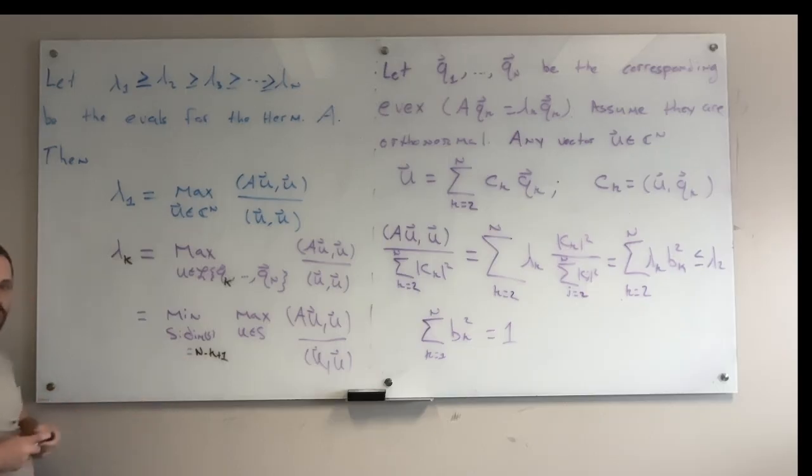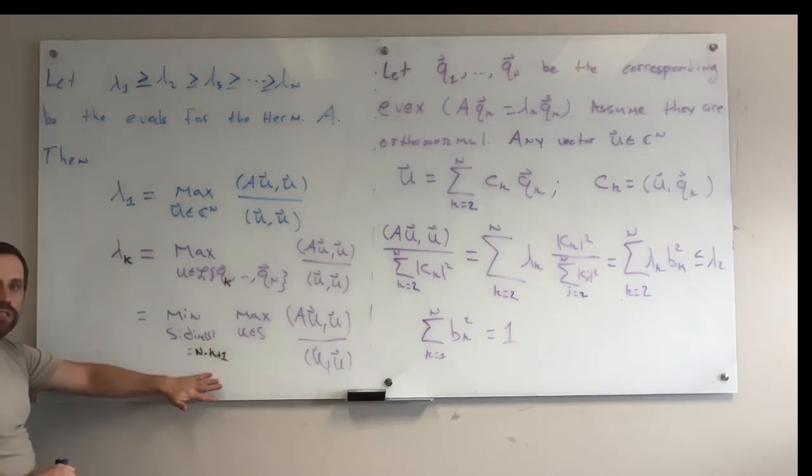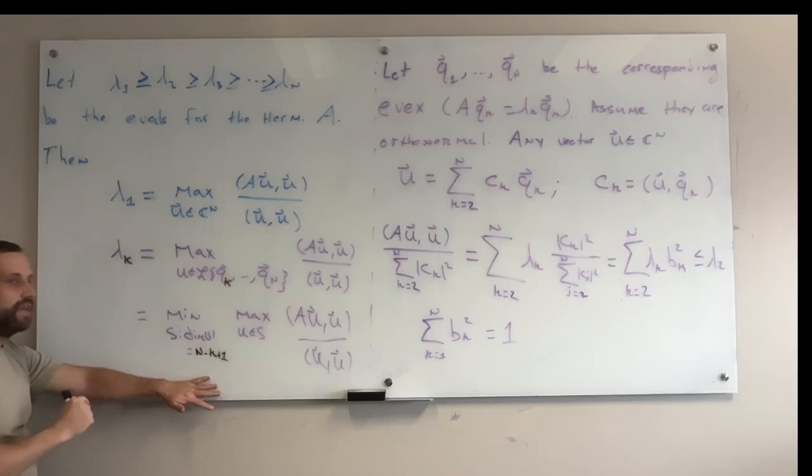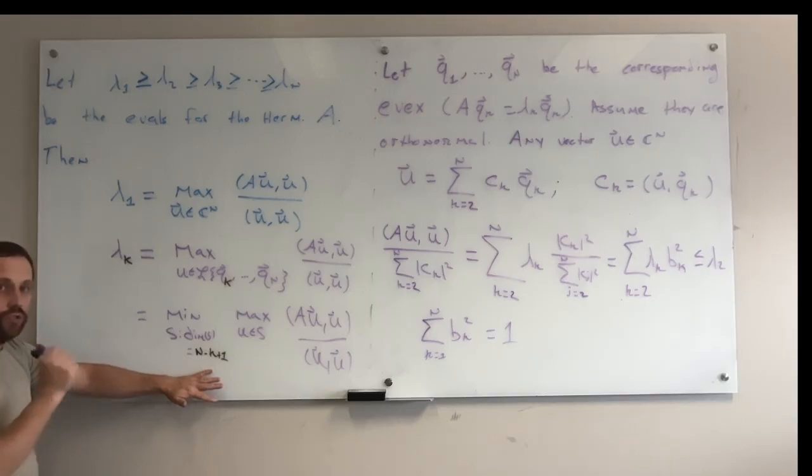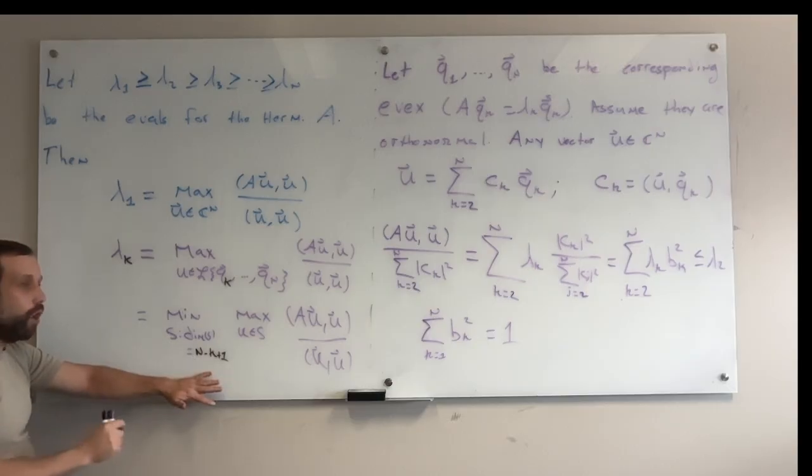Essentially, what we're saying when we do something like this is that we just want to look at the subspaces that are orthogonal to Q1 through Q(k-1).